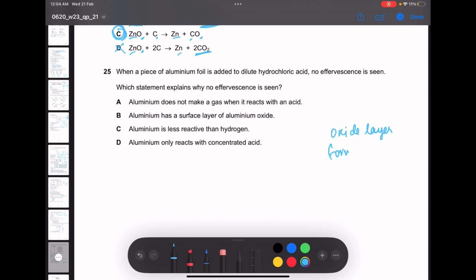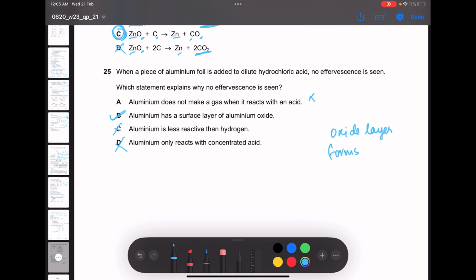That is what makes it unreactive. Aluminum does not make a gas when it reacts with an acid? No. Aluminum has a surface of aluminum oxide. Yes. Less reactive than hydrogen? No, it is more reactive. Only reacts with concentrated acid? No. So B is correct.